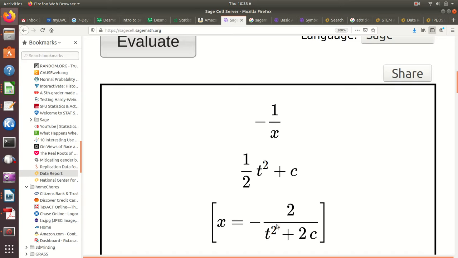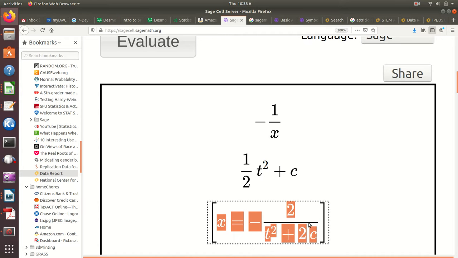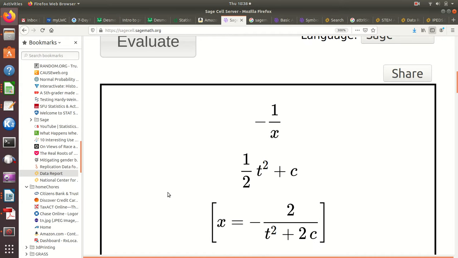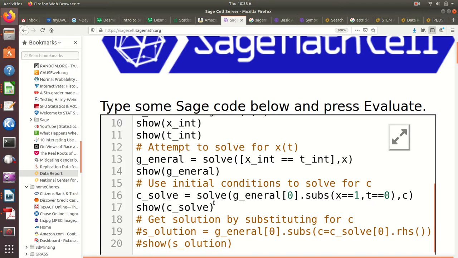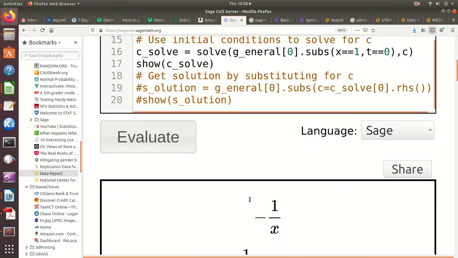And so now notice this is in these square brackets. We need to work with just what's inside the brackets, and so the trick there is now in solving for c, I'm going to call this c solve, and what I do is I solve my new equation.